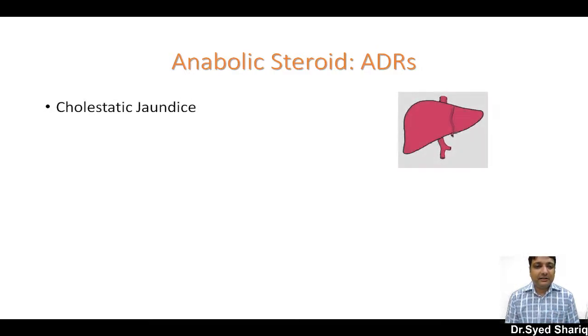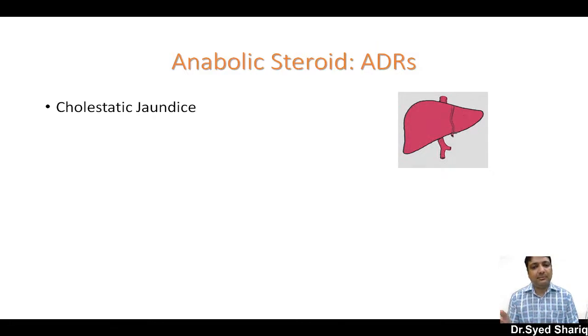So the first and foremost is the damage to the liver, and this damage is basically presented as cholestatic jaundice. The 17 alpha alkyl groups are what made these steroids orally usable.